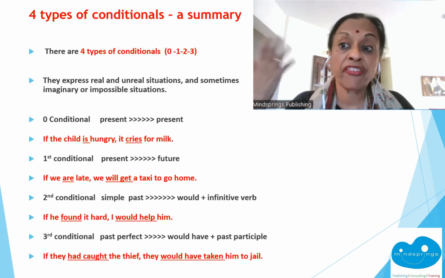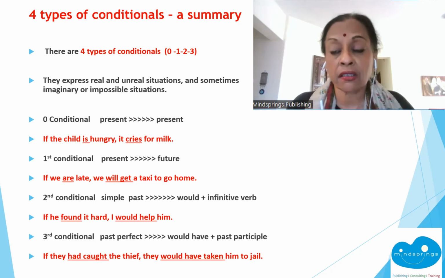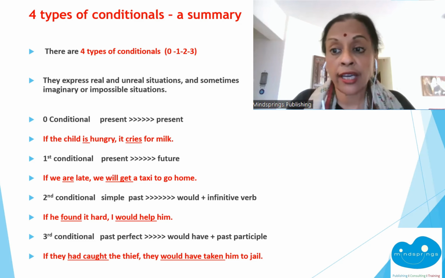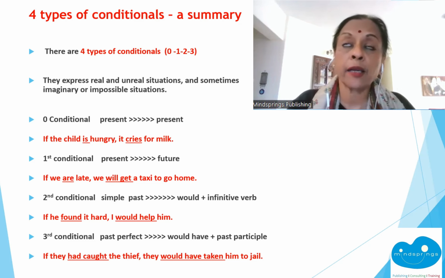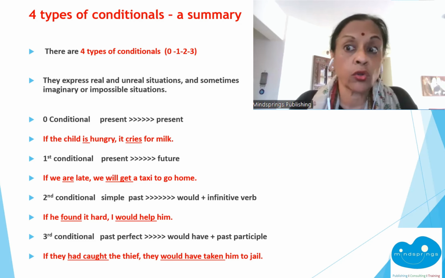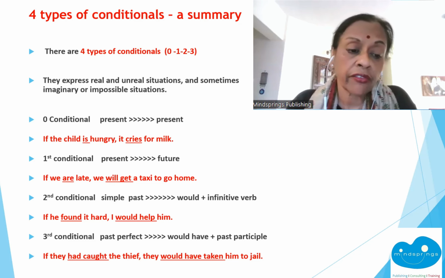So the past, if he found it hard in the past is gone. So it has not happened, and therefore I would help him. Again, that is unreal. There's no question of helping him because the past is gone and we don't know whether he's found it hard or not, perhaps not. So therefore it is unreal.